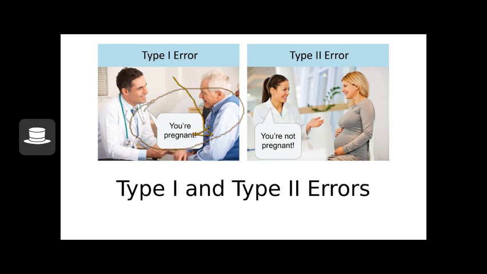You can see that he's not pregnant, but the doctor is saying you are pregnant. Now, the doctor made an assumption, based off of probably some data, but the assumption is wrong, and that's what's funny about this picture, because the man is not pregnant. So that would be a type 1 error.